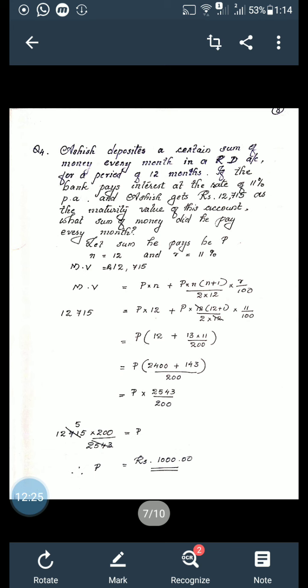Therefore, LCM inside that bracket is 200. So, 12 into 200, that is 2400, plus 13 into 11, that is 143, by 200. Therefore, next step is 2400 plus 143, that is 2543 by 200.